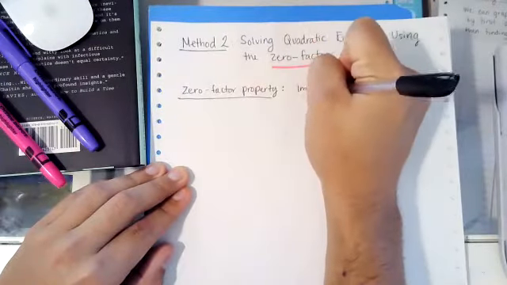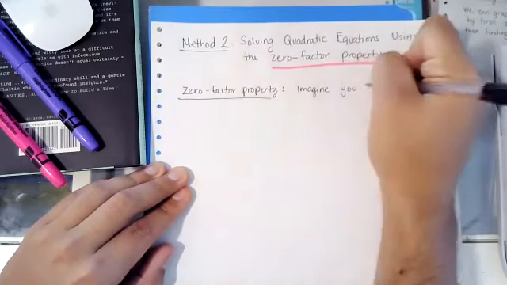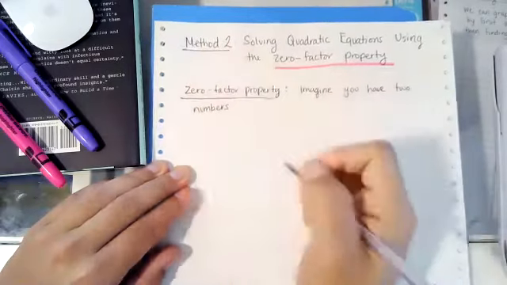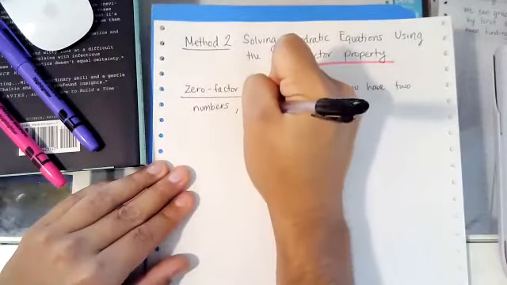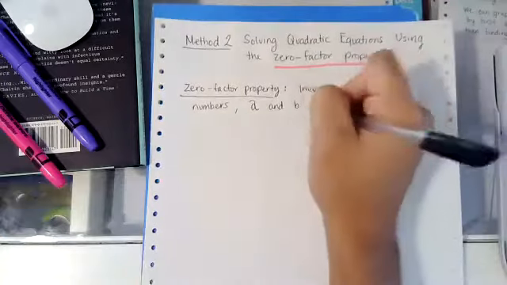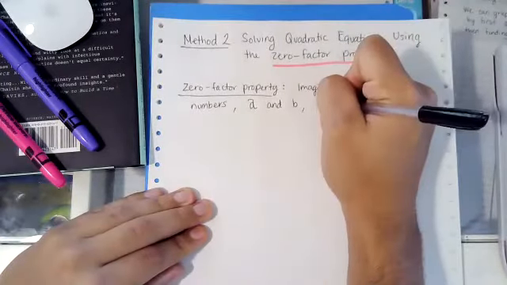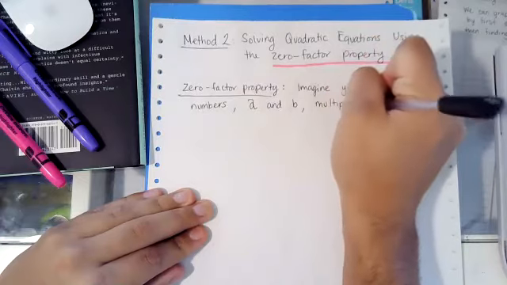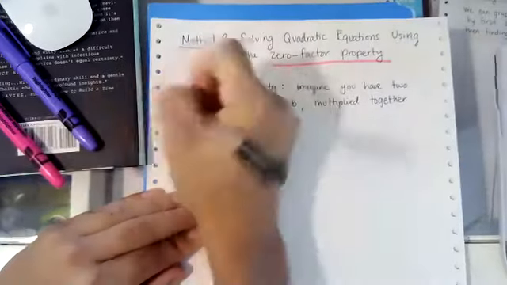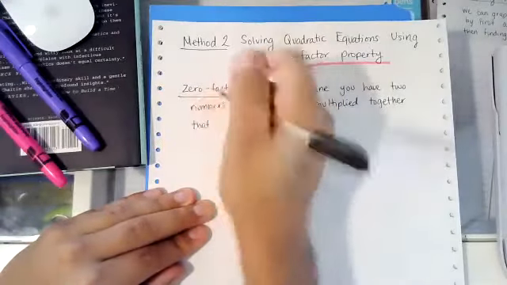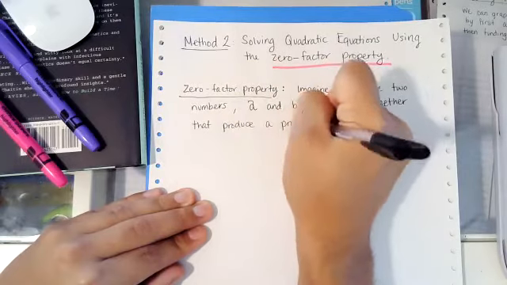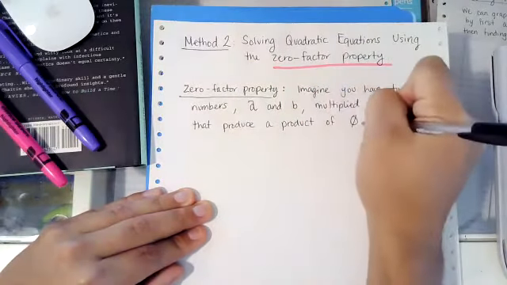Imagine you have two numbers, and let's just call them A and B. And they're multiplied together, and when they're multiplied together, they produce a product of 0.